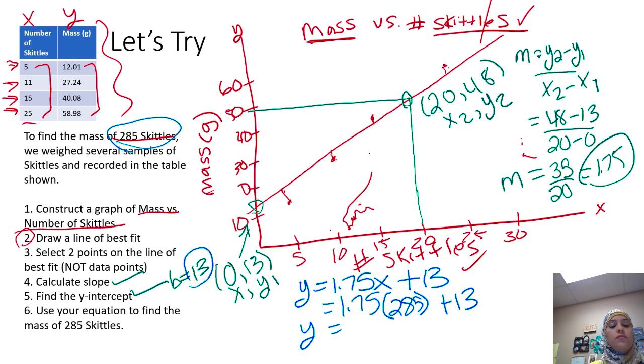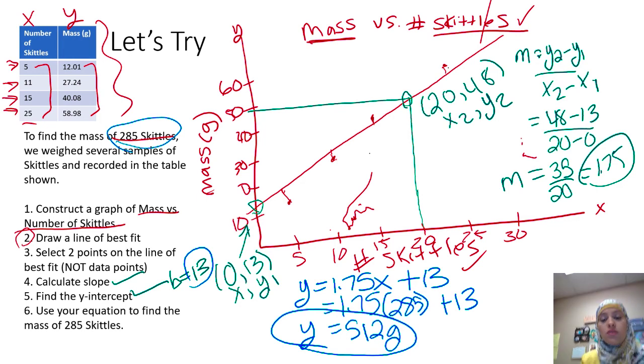If we're going to round here, this would be 512 grams. So this just helped me determine the mass of 285 Skittles from the generalized equation. All this work was not in vain. It was meant to help you figure something out that you can't because of a limitation.